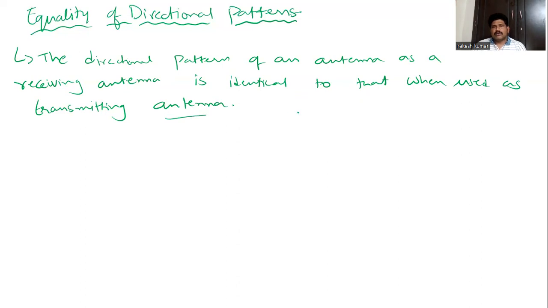Means, for example, if you are using the transmitting antenna, this is the radiation pattern. The same antenna if we use for receiving purpose, then also the radiation pattern should be the same. So how will you prove this?